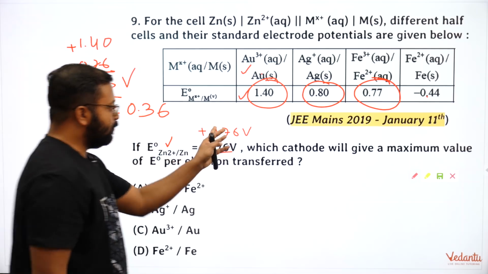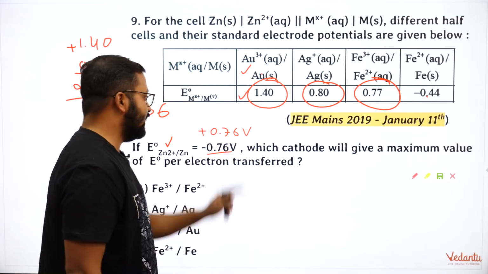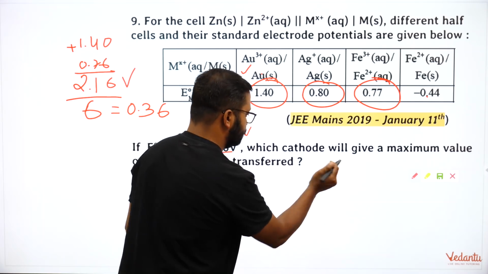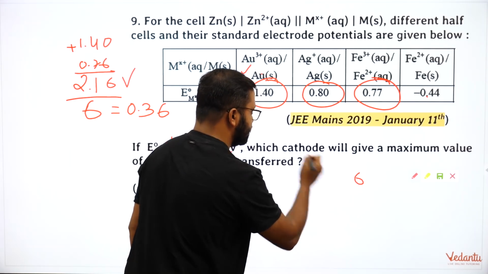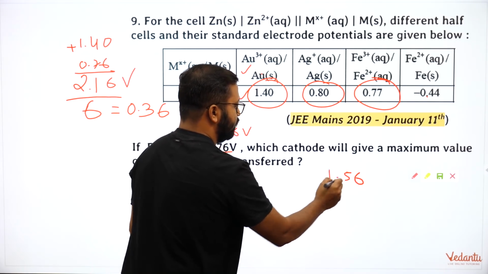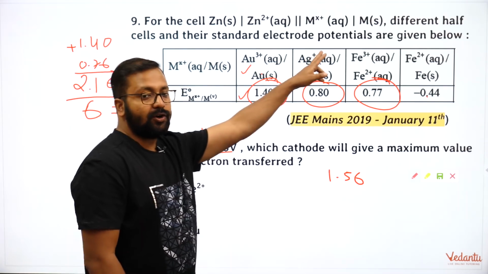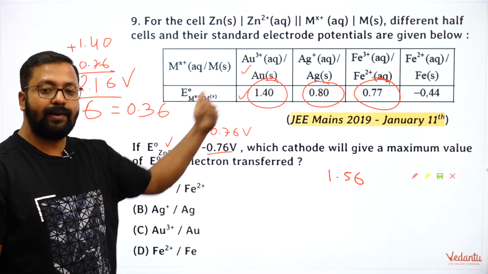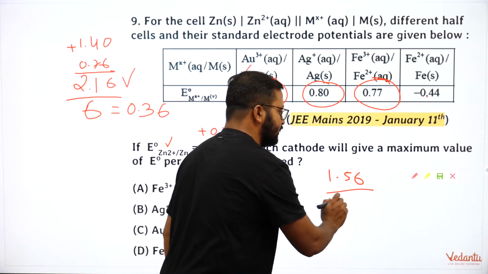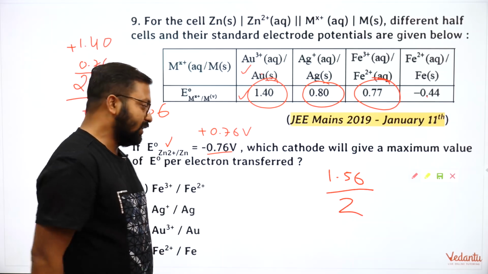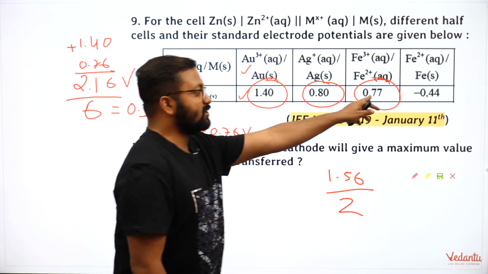Now if I combine 0.76 with 0.8, the answer turns out to be 1.56. But in this case 2 electrons and 1 electron, so LCM for 2 and 1 will be 2. हम इसको 2 से divide करते हैं and the answer will turn out to be 0.7 something. इससे तो ज़्यादा ही रहेगा.